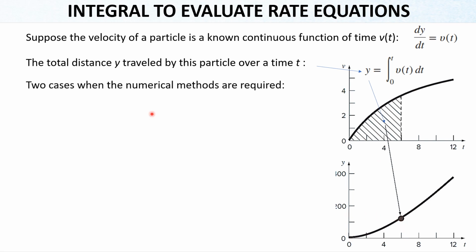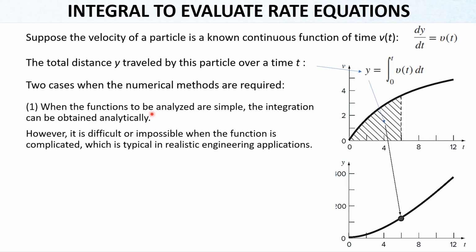There are two cases when numerical methods are required. The first one is when the functions to be analyzed are simple, the integration can be obtained analytically. We said that already in the beginning of the previous chapter. If we have simple functions, we can simply get the integration analytically. However, it is difficult or impossible when the function is complicated, which is typical in realistic engineering applications. In reality, in engineering applications, we usually don't have the function, or it's difficult to integrate.